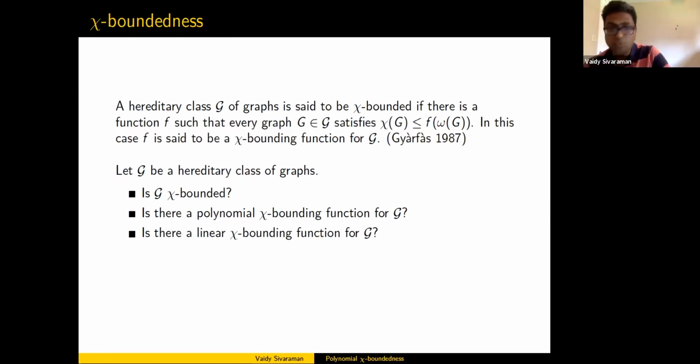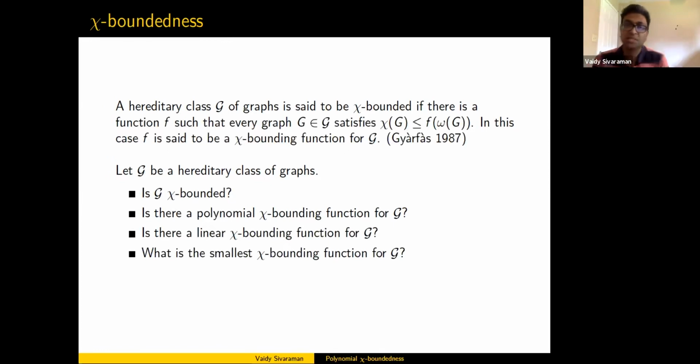And of course, we would like the polynomial to have degree 1. Is it linear? And finally, if you understand enough about a class, what is the optimal chi-bounding function for a class? So these are 4 questions that you can ask immediately for any hereditary class of graphs.